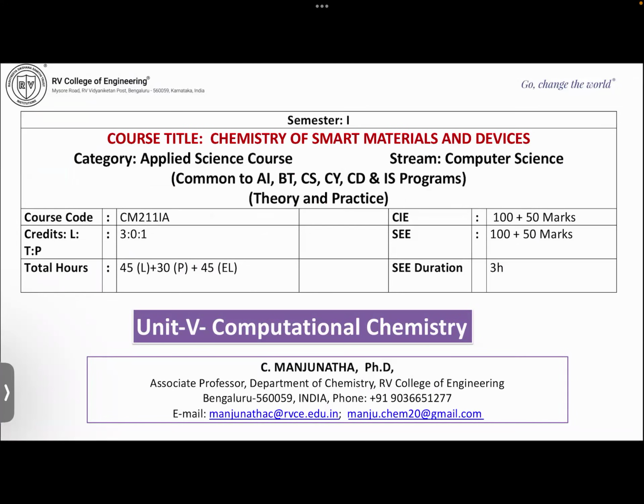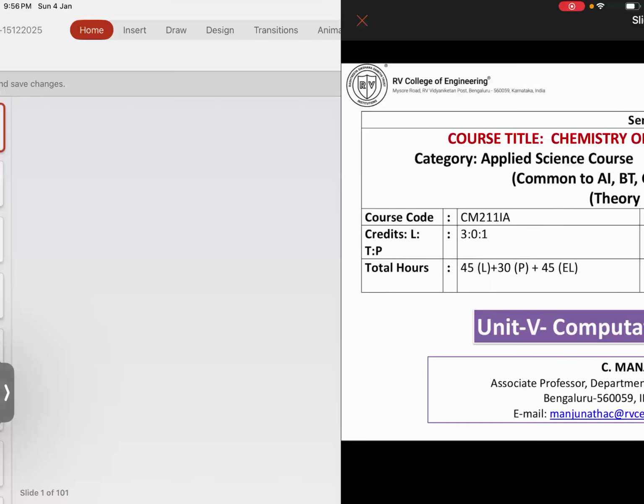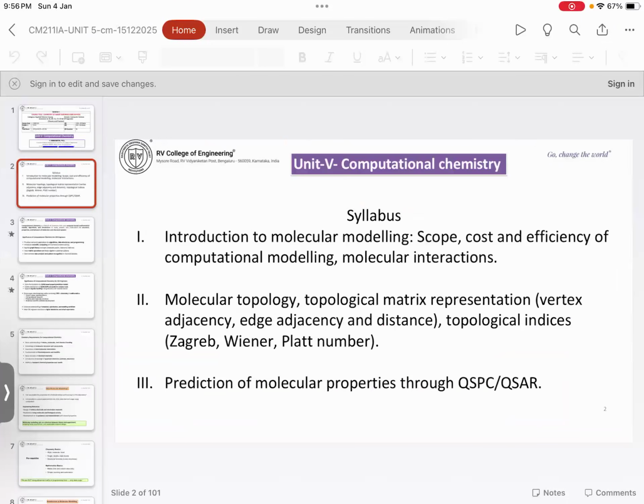In continuation to my recording about computational chemistry, so far I have covered the introduction about computational chemistry as the first part. In that, I discussed molecular modeling, scope, cost, and efficiency, and molecular interactions in detail, both covalent and non-covalent.